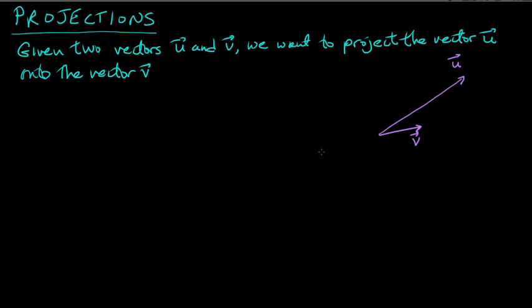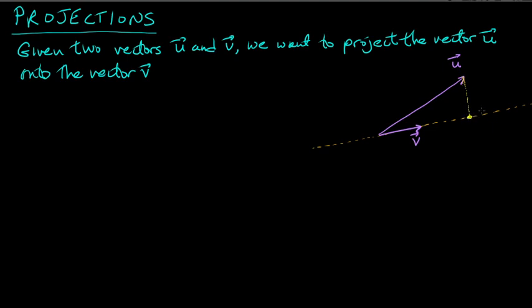So the vector v is in this direction here, so I'm just going to draw the line that the vector points in the direction of, right? And the idea is to take the vector u and project it. So that means we just want to go straight down, until we hit this line.